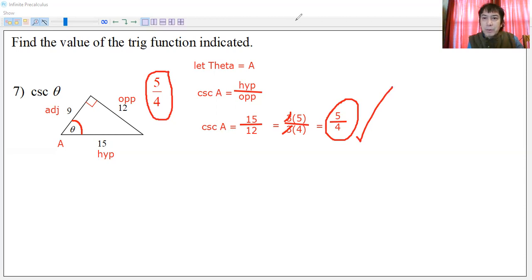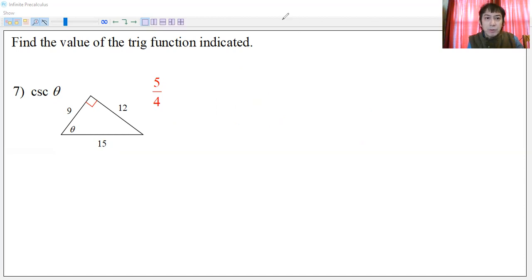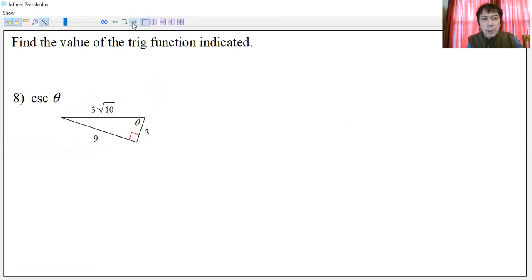Let's continue with number 8. So that's the way to do it. Here's another diagram. Let us see the angle in question. Here's the angle again. It's a Greek letter theta. We shall put a label A there, just another name.